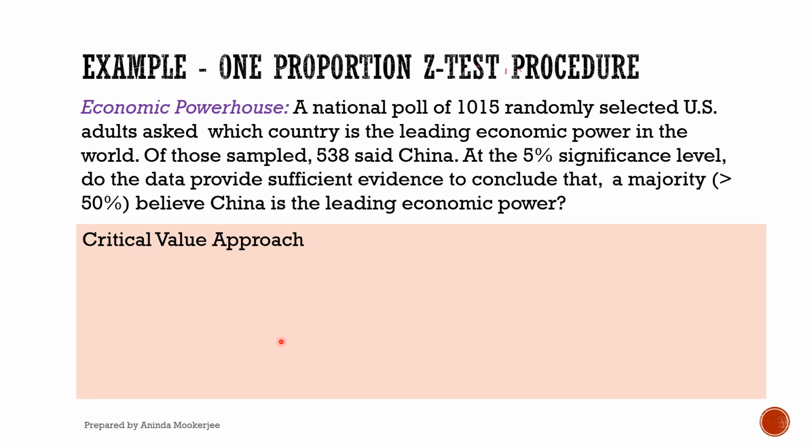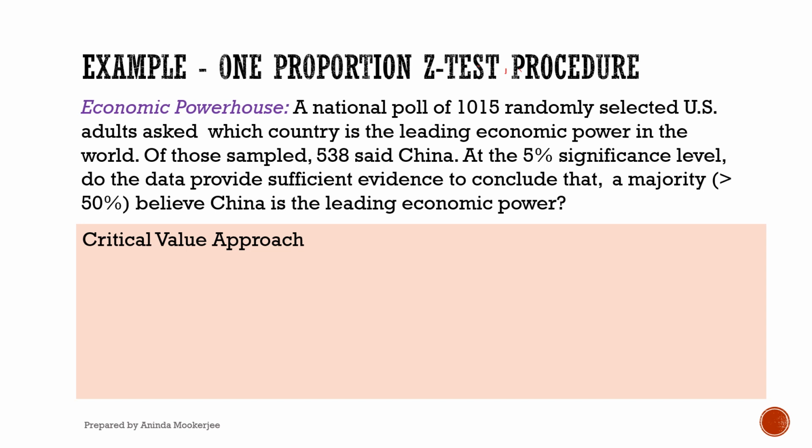The other approach is the p-value approach. For the critical value approach, we first have to create our cutoffs between the reject and do not reject regions, and then bring our test statistic and see where it falls, whether in the reject region or in the do not reject region.